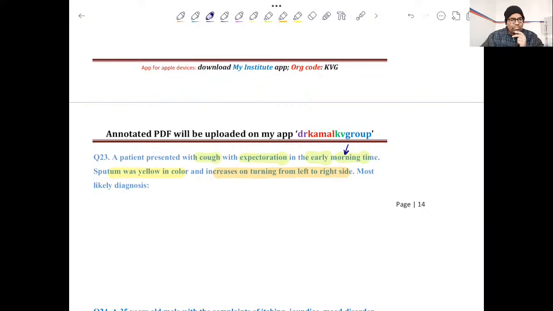Early morning, productive cough, and there is somewhat a postural increase in the drainage of sputum or the expectoration, and this is a very classical feature of bronchiectasis. Clear? Because this is commonly involving the left lower lobe.